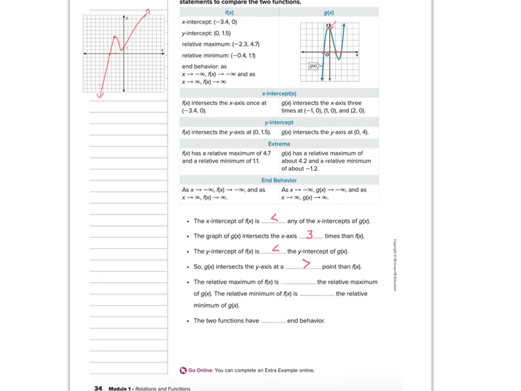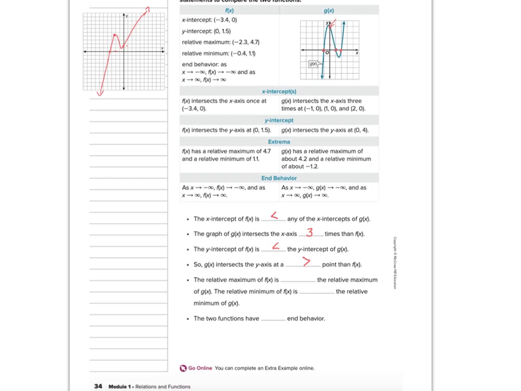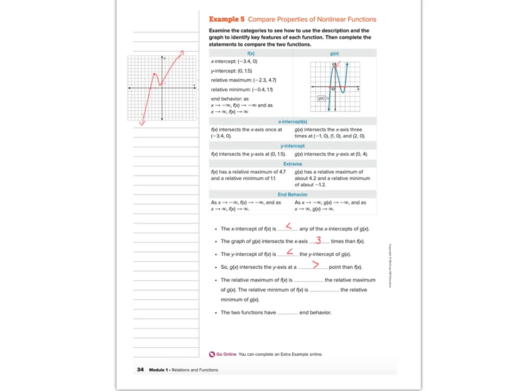The relative maximum of f of x is going to be less than the relative maximum of g of x, and the relative minimum of f of x is actually greater than the relative minimum of g of x.